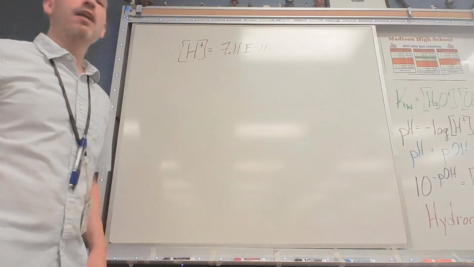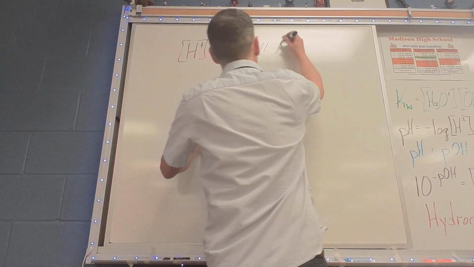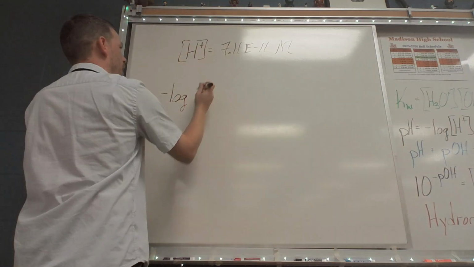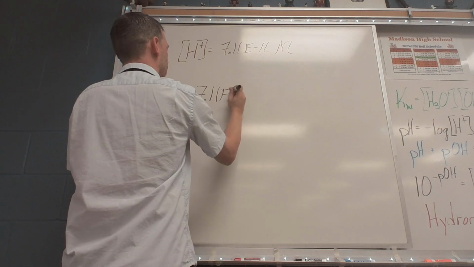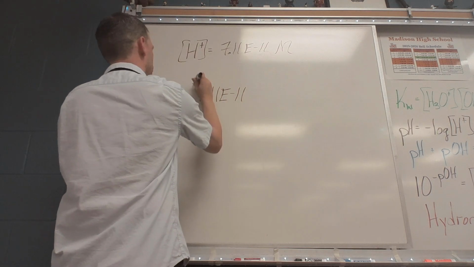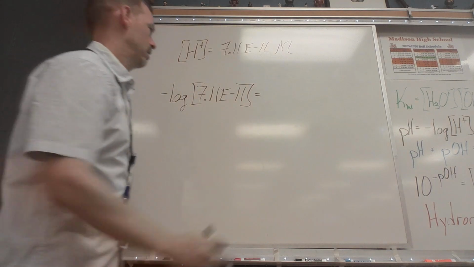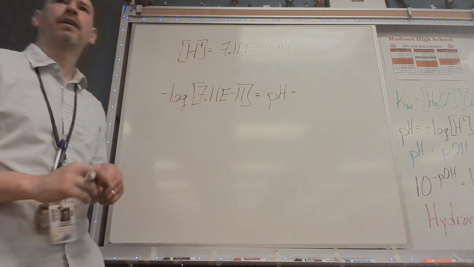But I know that if I have an H plus or a hydronium concentration, all I have to do is go negative log of that number. It will give us pH. Let's draw a card for this one. Get the correct sig figs.